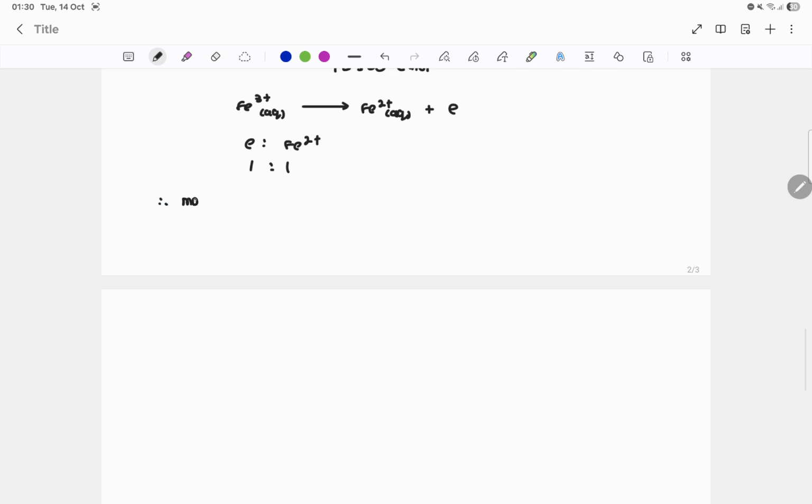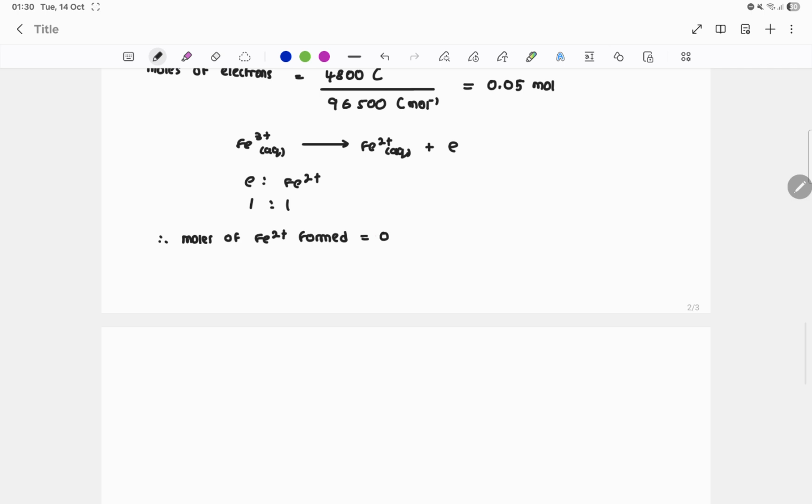Therefore, moles of Fe2+ formed, since here Fe2+ is formed from Fe3+, is equal to 0.05 moles.